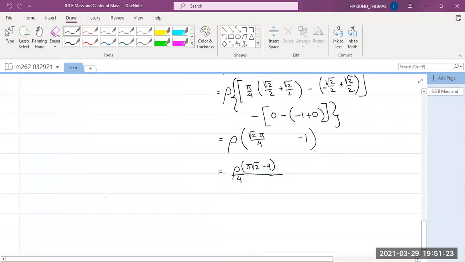Let's continue with the moment with respect to the x-axis. That will be the integral from 0 to pi over 4 of rho times one half, rho over 2, times the function squared. Okay, the top function is cosine squared x. You need to square it, right? Minus sine squared x dx.